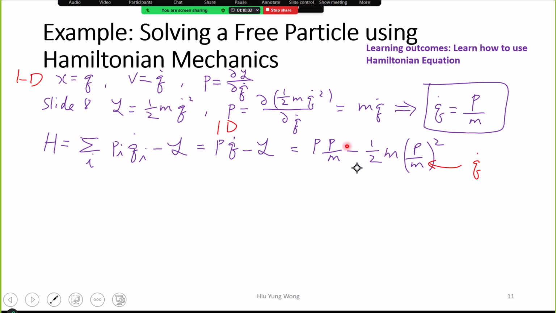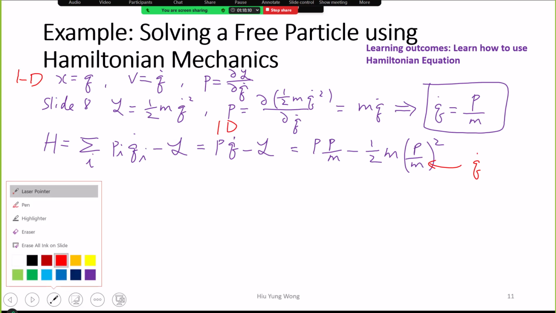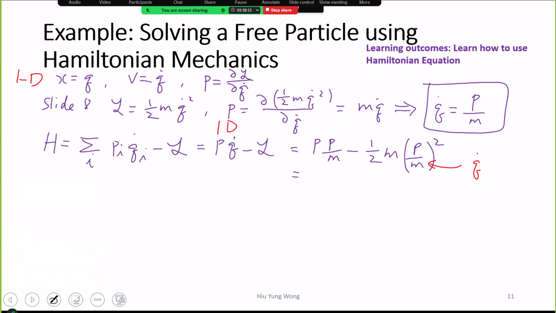So this gives me 1 over 2 p squared divided by m, which is the Hamiltonian. And it happens to be the kinetic energy, or rather the total energy. This is just its total energy, p squared over 2m.